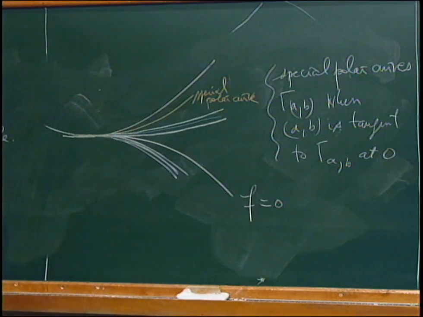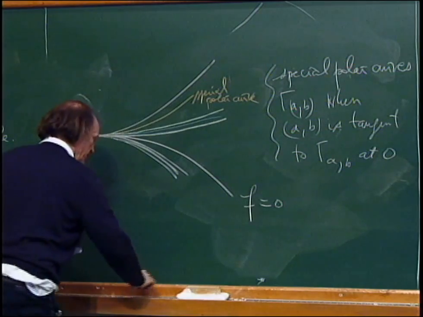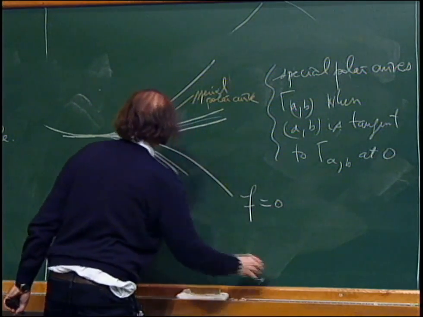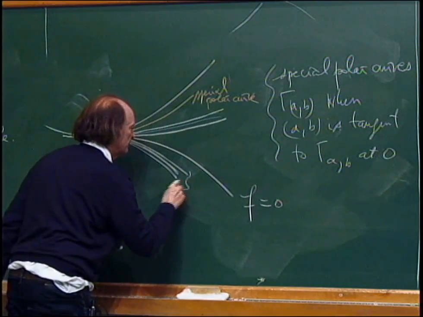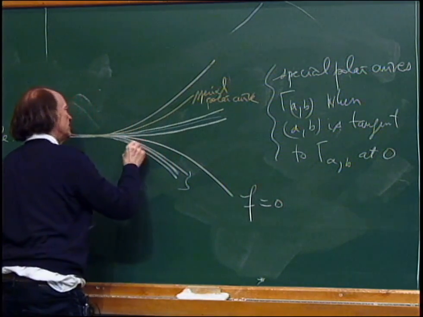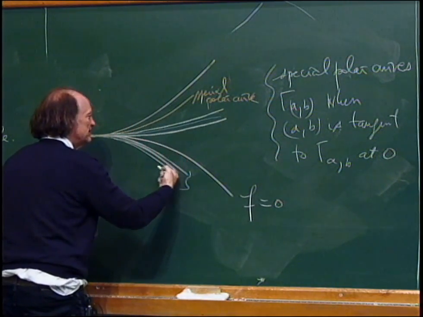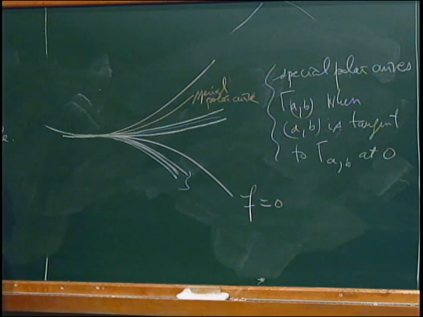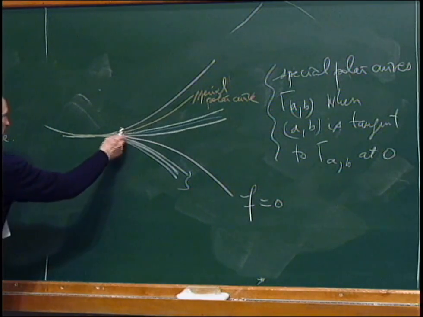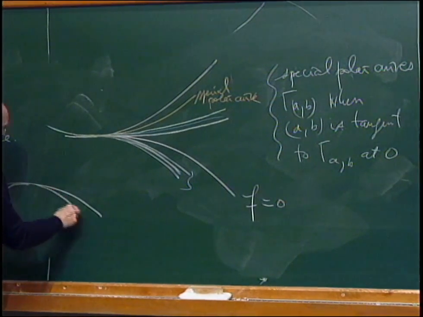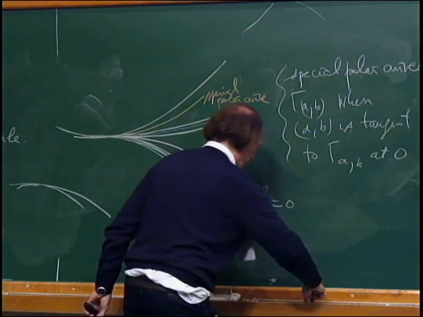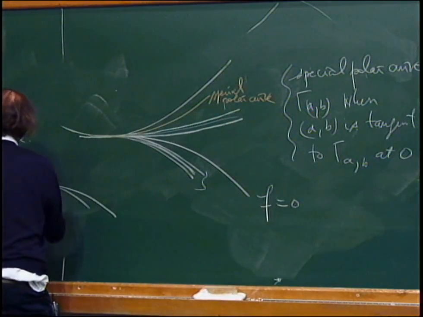And also, one can look at the contact of this pack of polar curves, how close it is to the level f equals 0. So let's zoom a little bit here and take just one of the white curves and f equals 0.